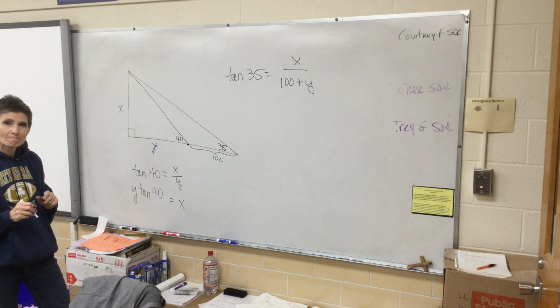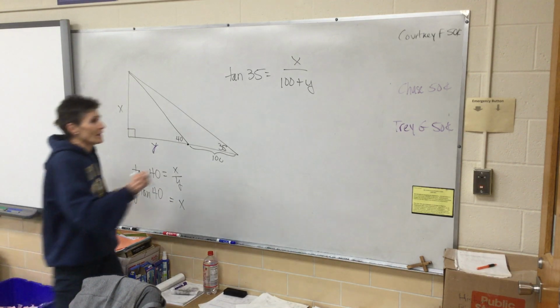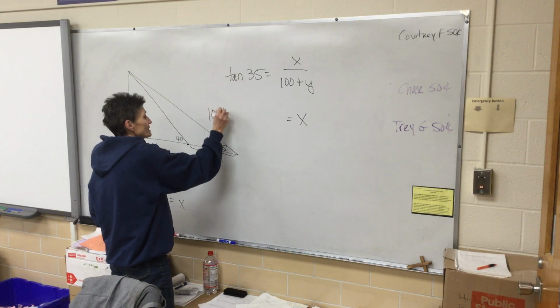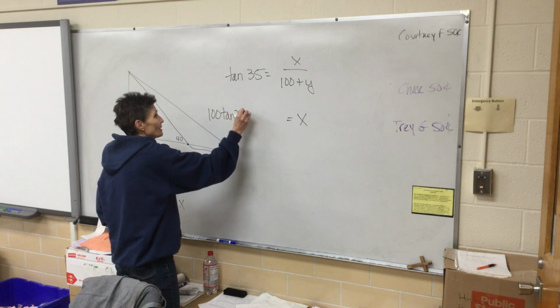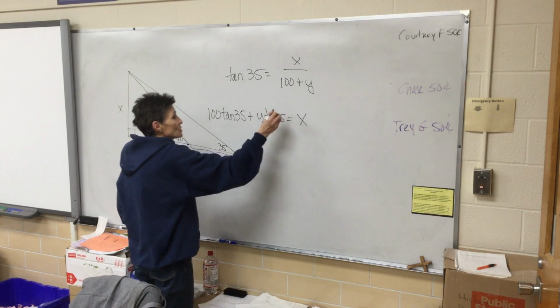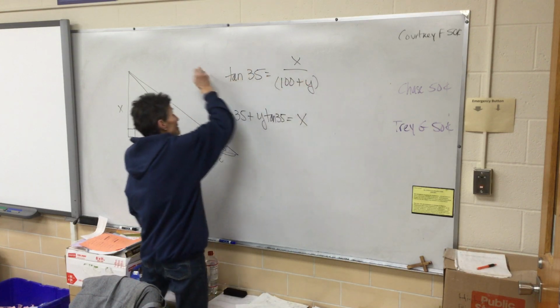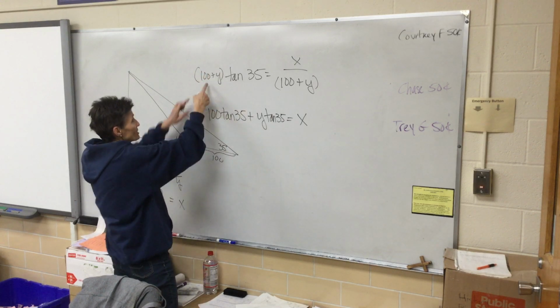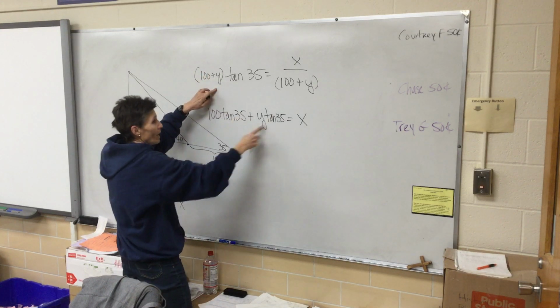See what I'm doing? So x equals 100 tan 35 plus y tan 35. I'm multiplying both sides by this quantity, so I do a distributive: 100 tan, y tan.